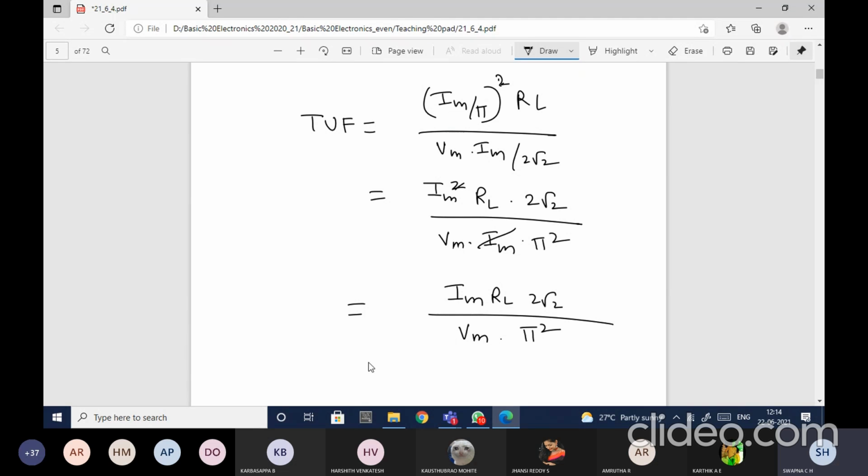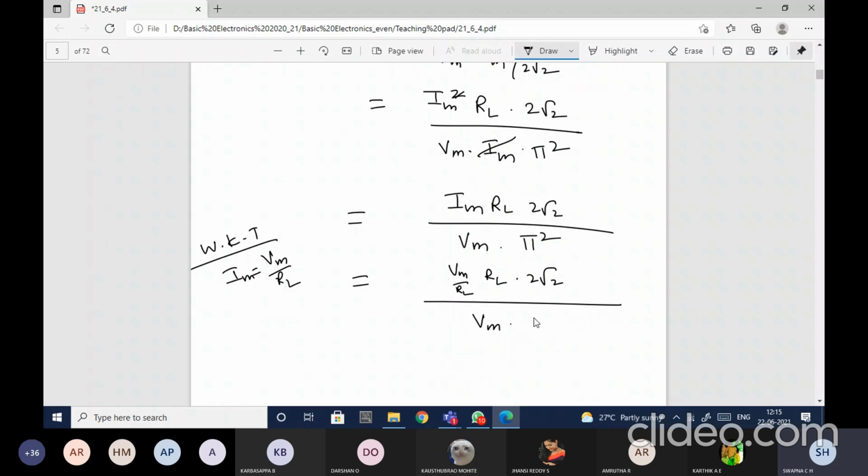You know that V is equal to IR, so Im is nothing but Vm by RL. This you know very well. In place of Im, I'll substitute Vm by RL: Vm by RL into RL into 2 root 2 divided by Vm into pi square.